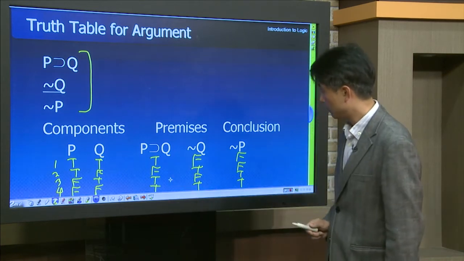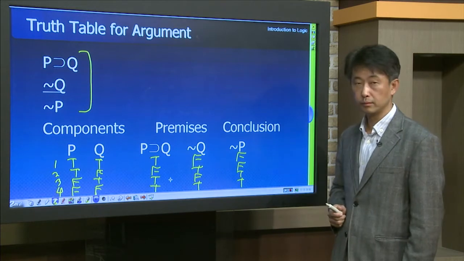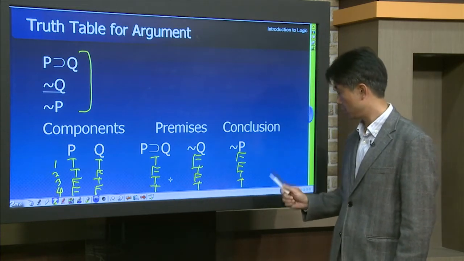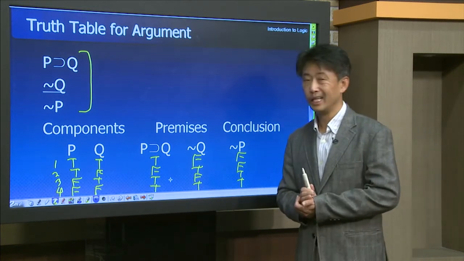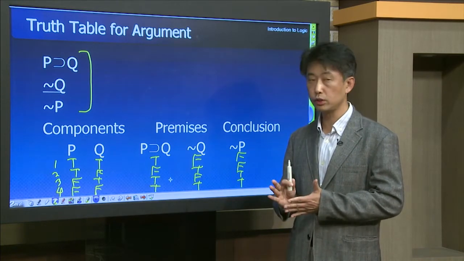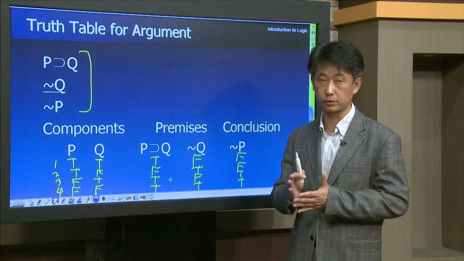Now, is the conclusion false? TTF. No. The conclusion is true. So that means there is no row in which all the premises are true and the conclusion false.